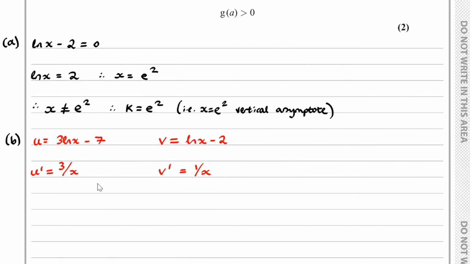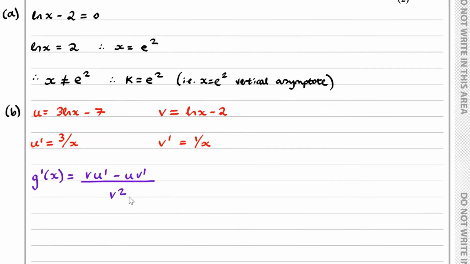So if we apply the quotient rule, g dash of x, that's going to equal v u dash minus u v dash all over v squared. So let's substitute in everything we know to figure out what g dash of x is.